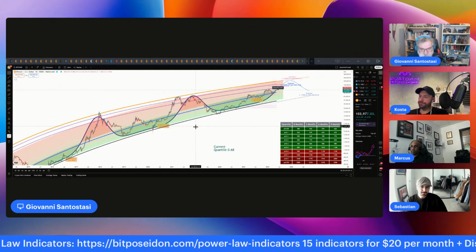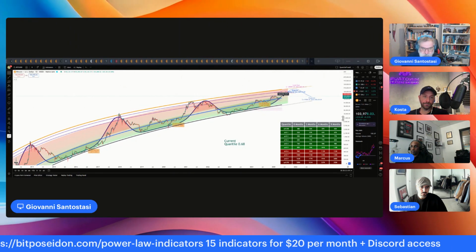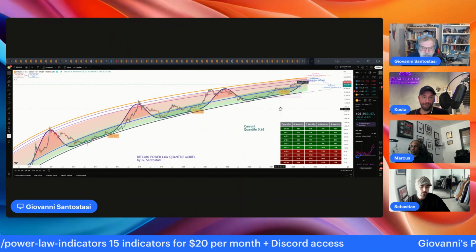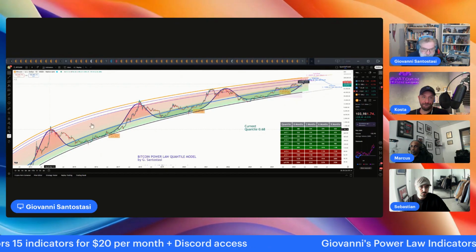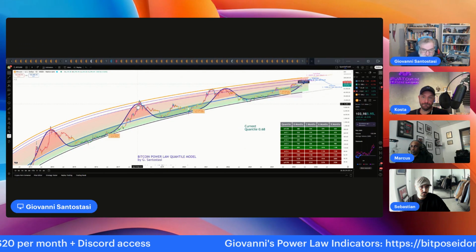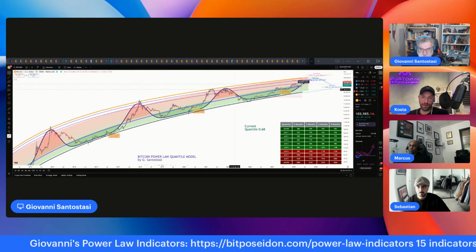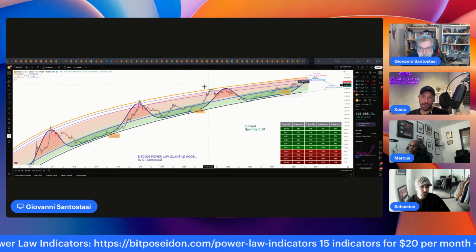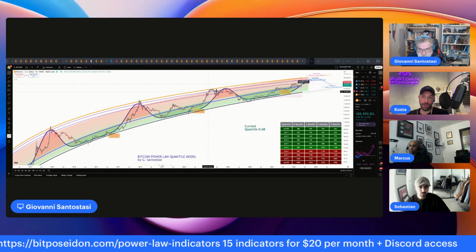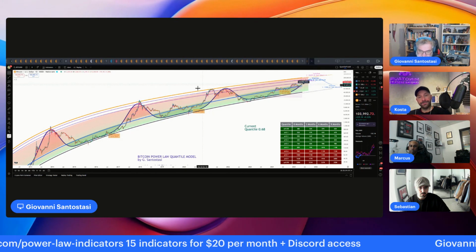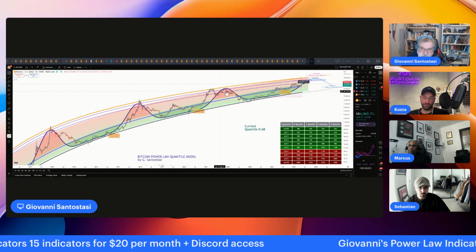Every 4 years there are these oscillations, and so we almost bookmark them. We are not trying to get the exact time, but a region where the bubble seems to happen.